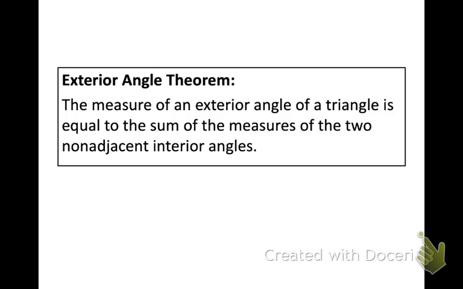The measure of an exterior angle of a triangle is equal to the sum of the measures of the two non-adjacent, fancy word right there, so the two non-adjacent interior angles.